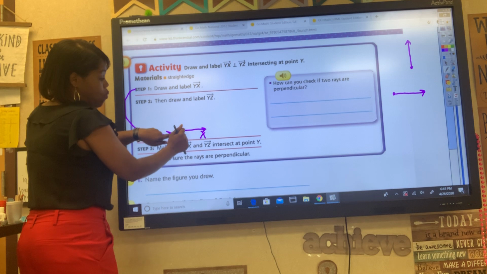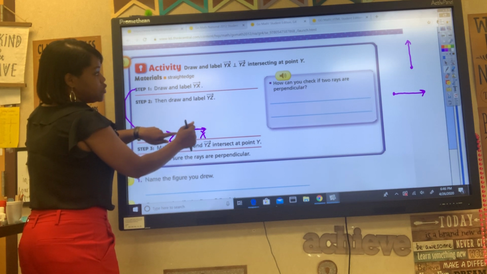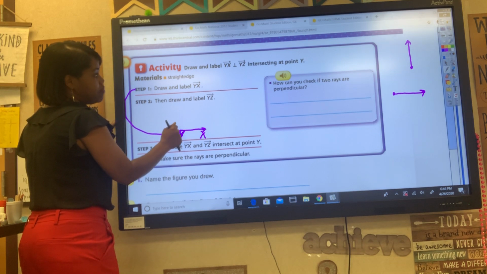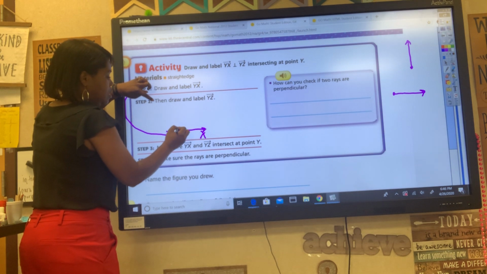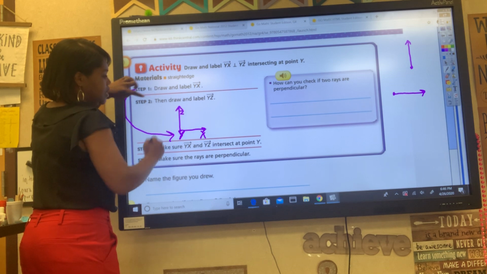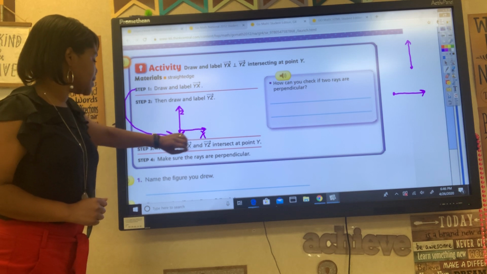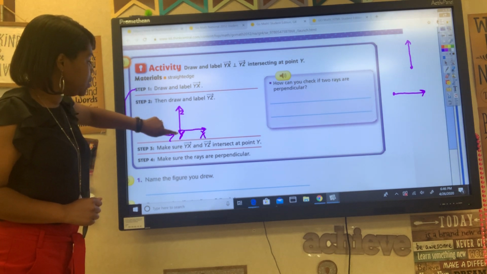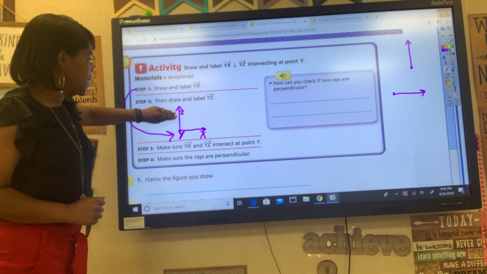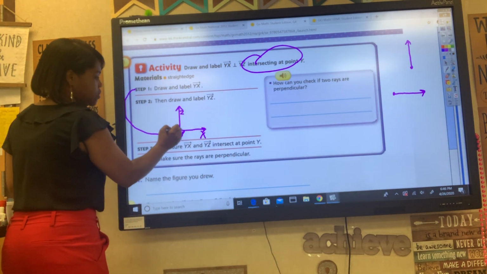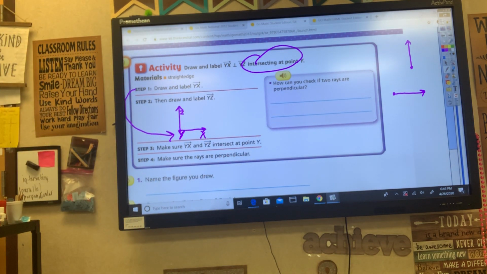The reason why I put Y right here is because they need to intersect or meet. And the only way they can meet is if this is also the part of my other ray, ray YZ. Okay, so this is a ray. It has a point and a line, ray YX. This is also a ray, but we're using the same Y. This is ray YZ. They told me to let them intersect at point Y. They're intersecting or meeting or touching at point Y.